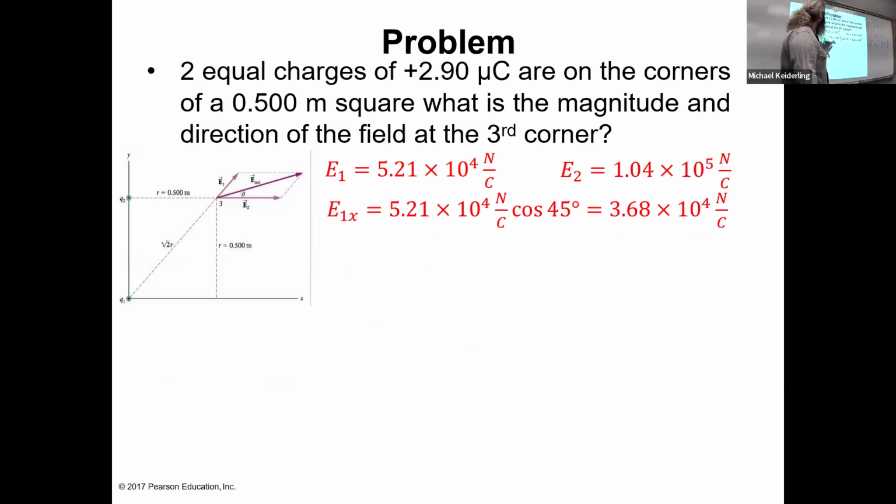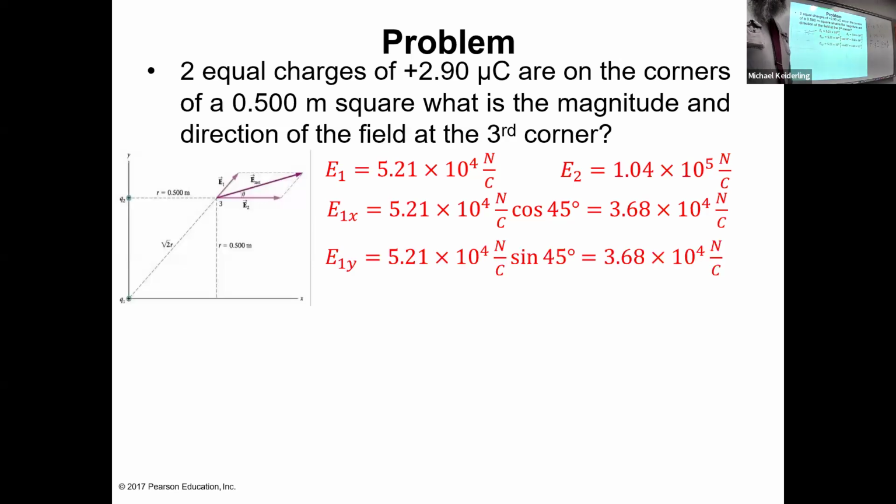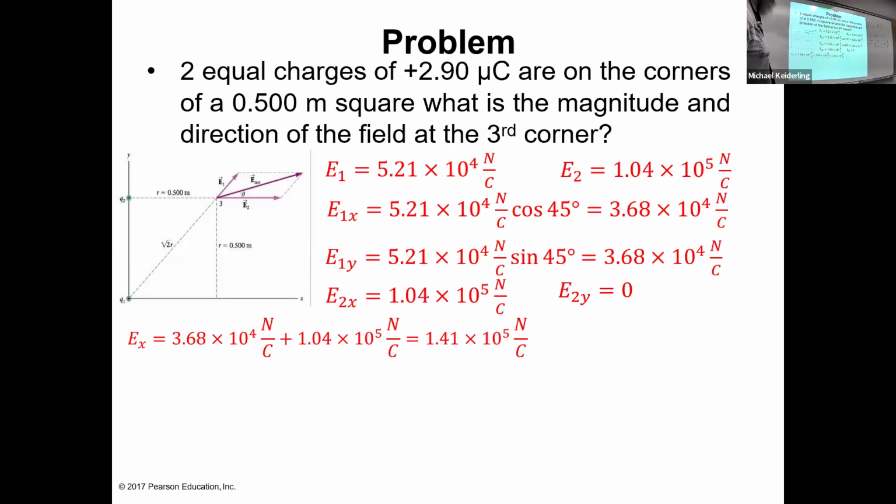So E1x is 5.21 times 10 to the 4 newtons per coulomb times the cosine of 45 degrees, which is 3.68 times 10 to the 4 newtons per coulomb. E1y is also 3.68 times 10 to the 4 newtons per coulomb because it's the sine of 45 degrees, which is the same. E2x is 1.04 times 10 to the 5 newtons per coulomb. E2y is 0.